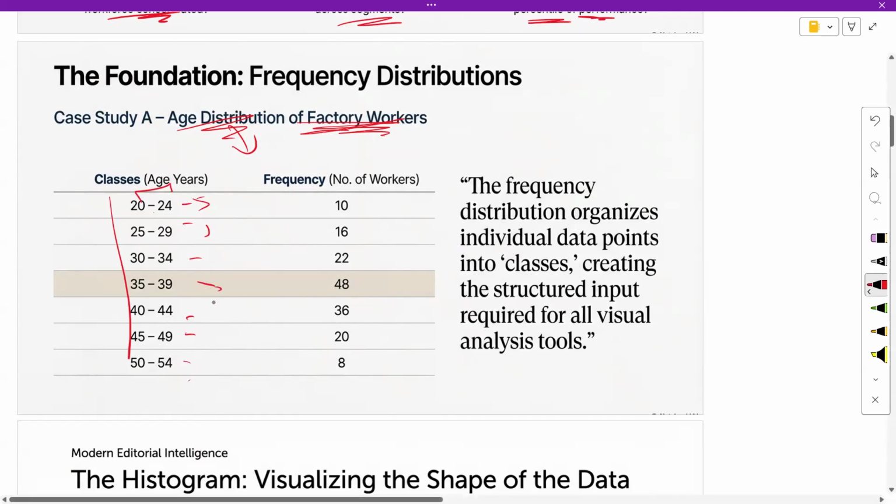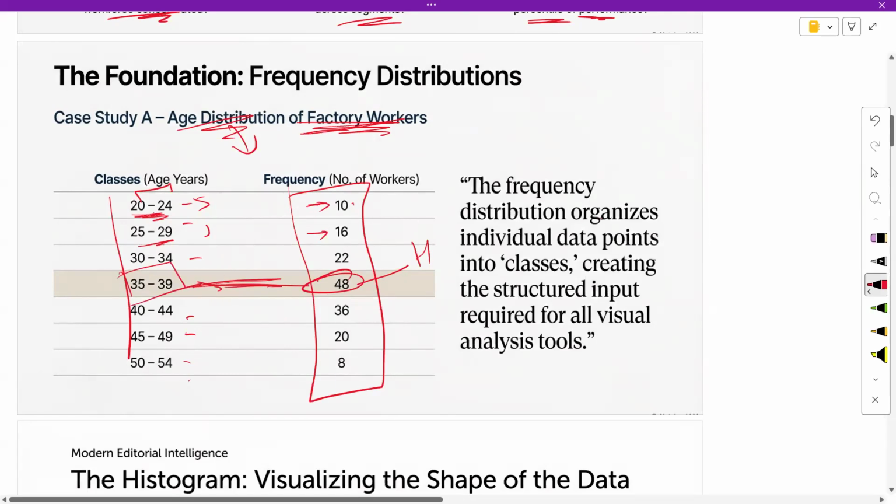In this class there are 10 employees, and in this age range there are 16 employees, likewise. So which is the most popular age group? Here 48, this age group got the highest. Highest age group, 35 to 39.